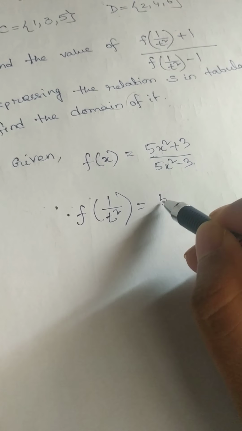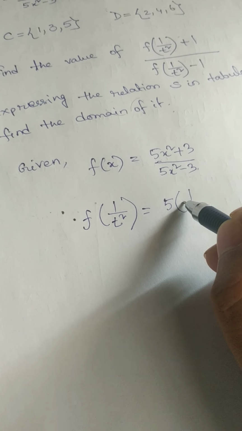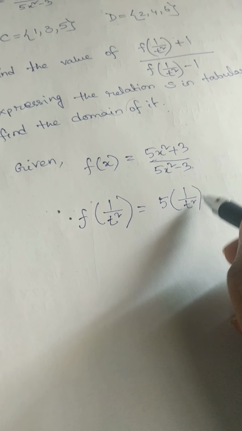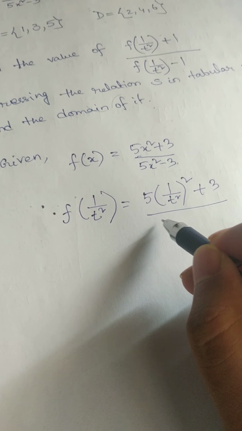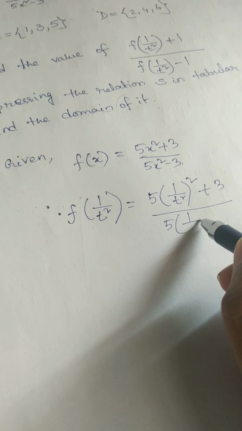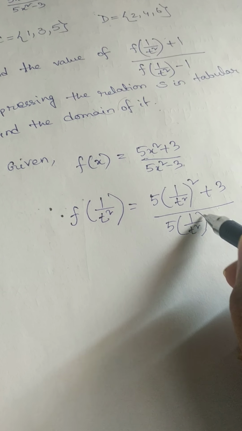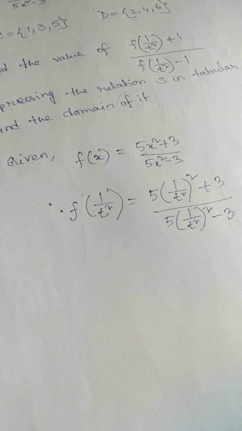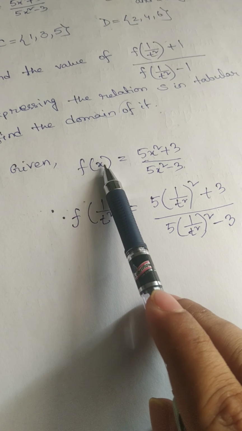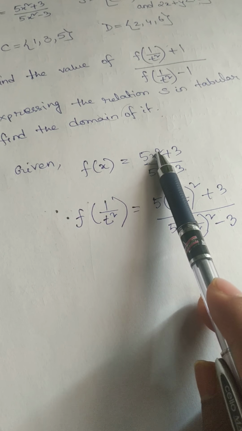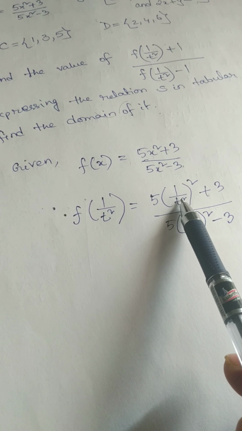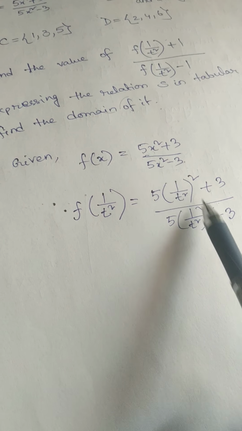So we can write 5 into 1 by t square whole square plus 3 divided by 5 into 1 by t square whole square minus 3. You got my point? Instead of x I have written 1 by t square. The square will remain as it is.